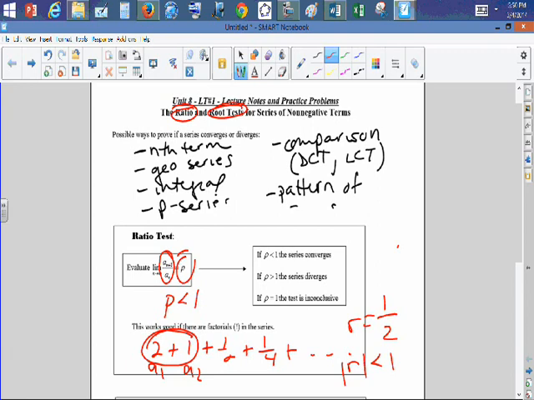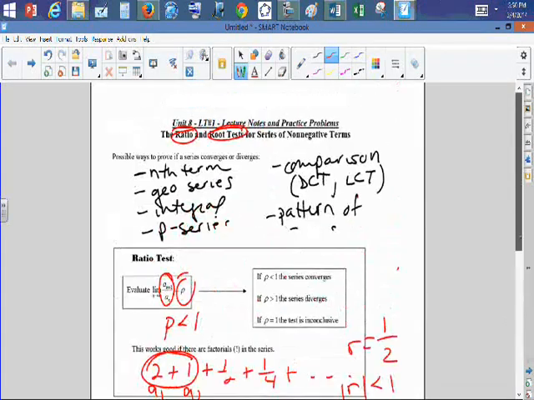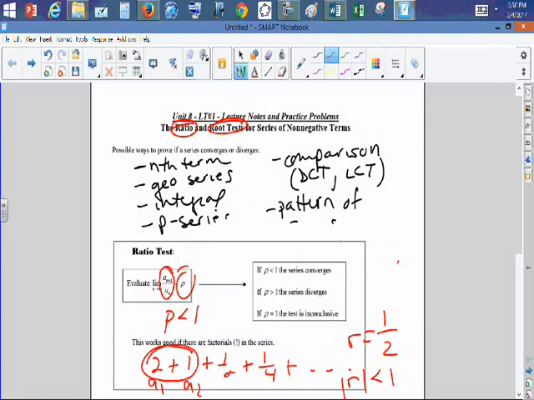If the value is greater than 1, the series will diverge just like the geometric one. If the value equals 1 in this case, nothing, we don't know anything, it's inconclusive. Okay? So that's the ratio test. And this works really well with factorials, if you have something factorial in there, and you'll see why in just a second.